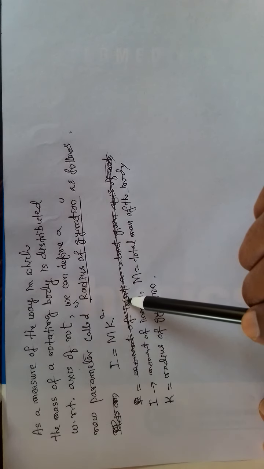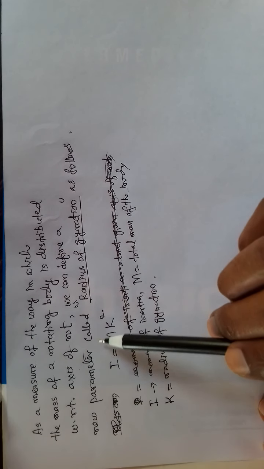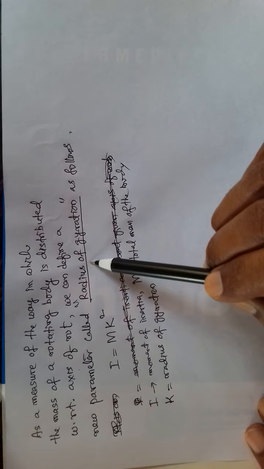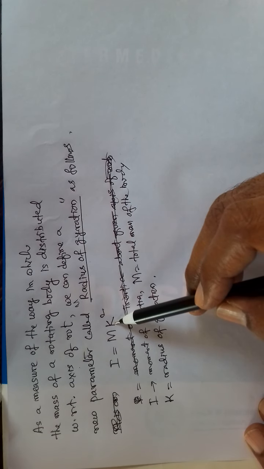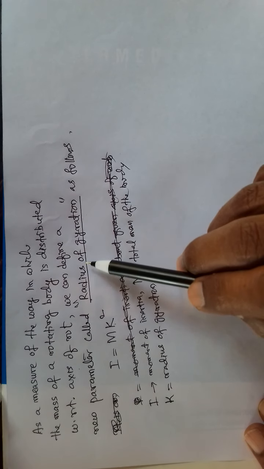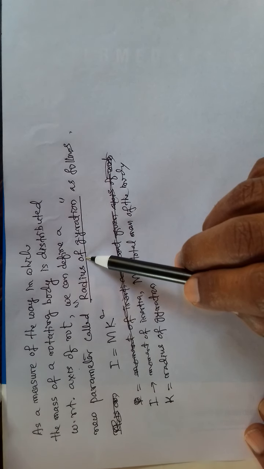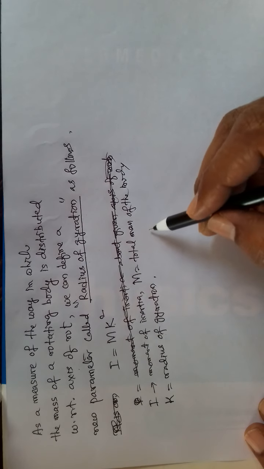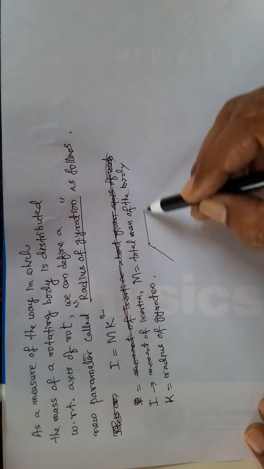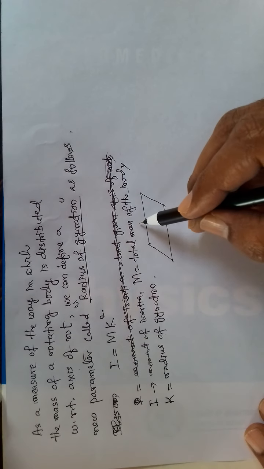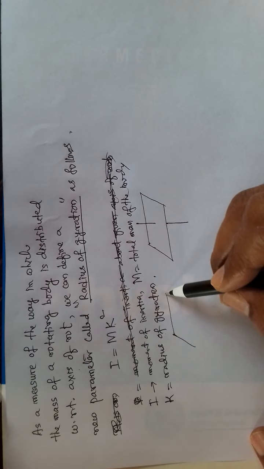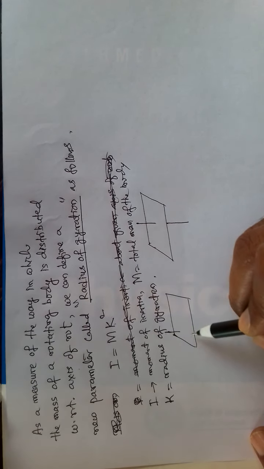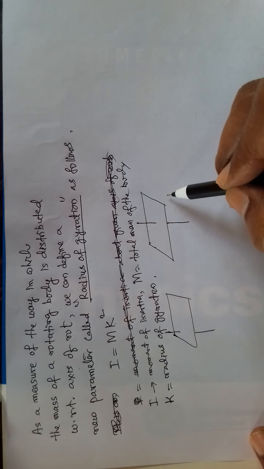Here we are introducing another term, the radius of gyration, capital K. Previously we saw that when the axis of rotation is in the middle and when it is at the edge, the I value is different.